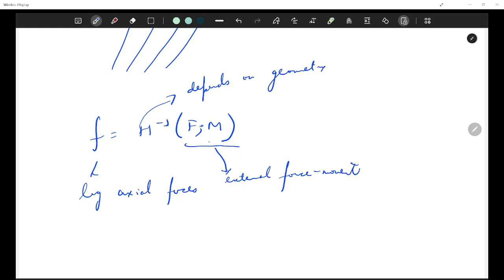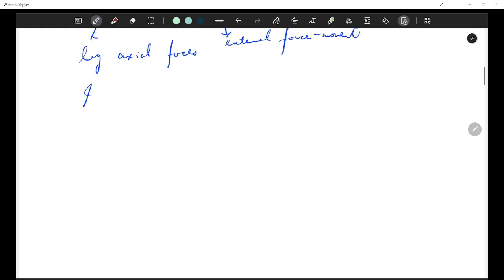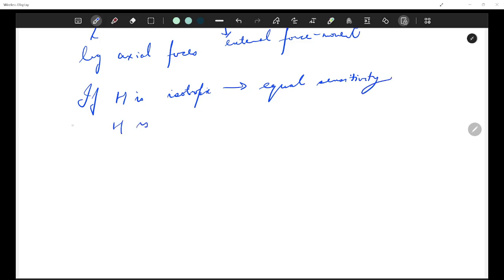Okay, so if H is isotropic, what would happen? There would be equal sensitivity. If H is singular, there would be amplification in certain directions.